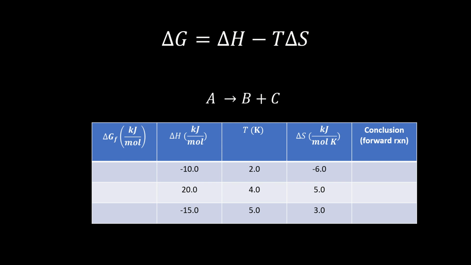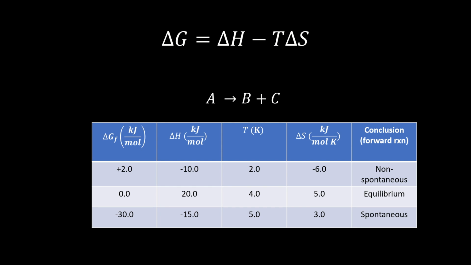Based off of the first row of information, if we plug that into our equation, we should get a free energy change that is positive 2. By our second row of information, we should get delta G equaling 0. And for the final row, everything collapses into negative 30 kilojoules per mole. The important thing to know is, what conclusions can we make about the forward reaction?